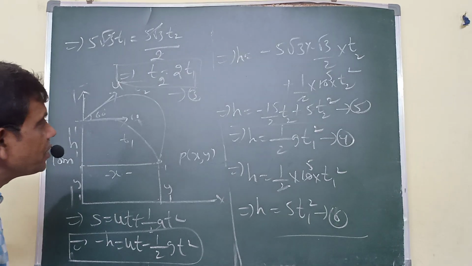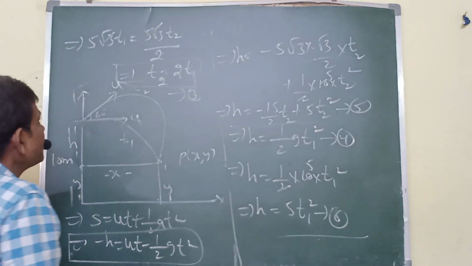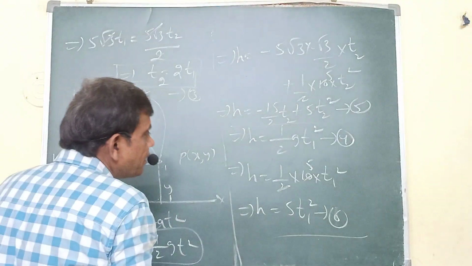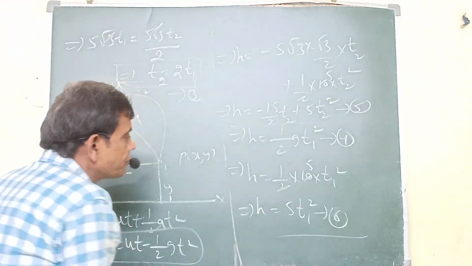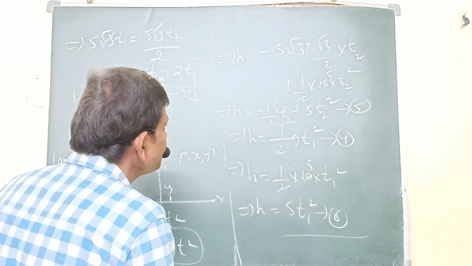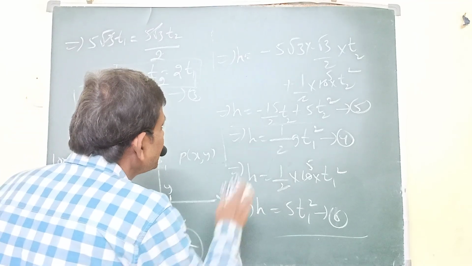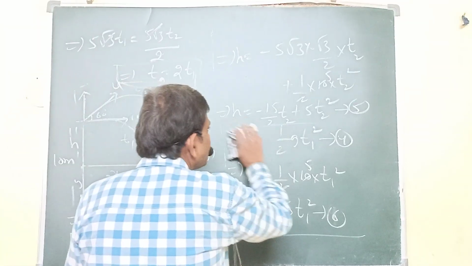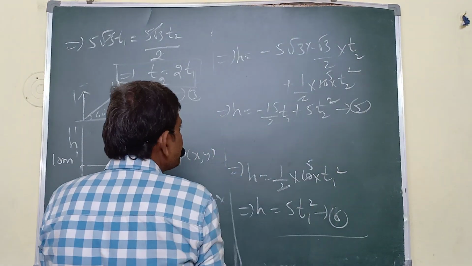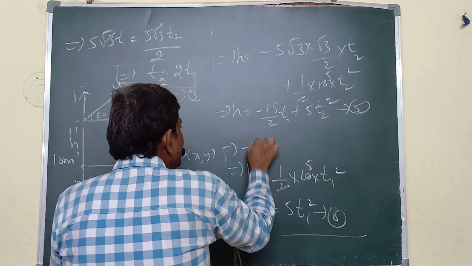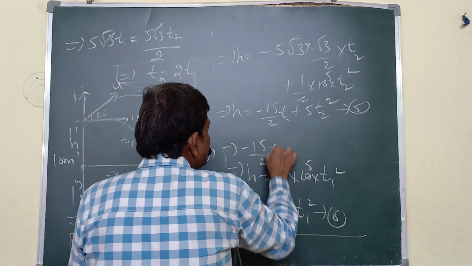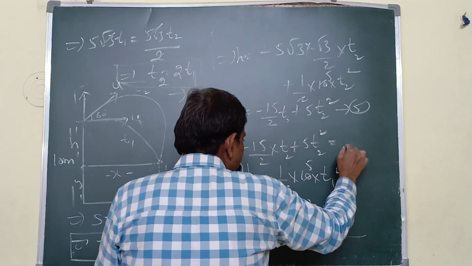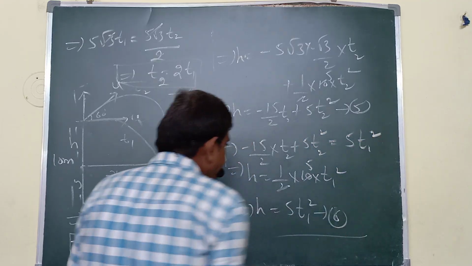Now you compare these two. Then what happens? Here already t equal to 2t1 relation came. Again H equal to 5t1 square came here. That equal to 5t2 square came. So these two are equal. Then this implies minus 15 by 2 into T2 plus 5T2 square equals to 5T1 square.